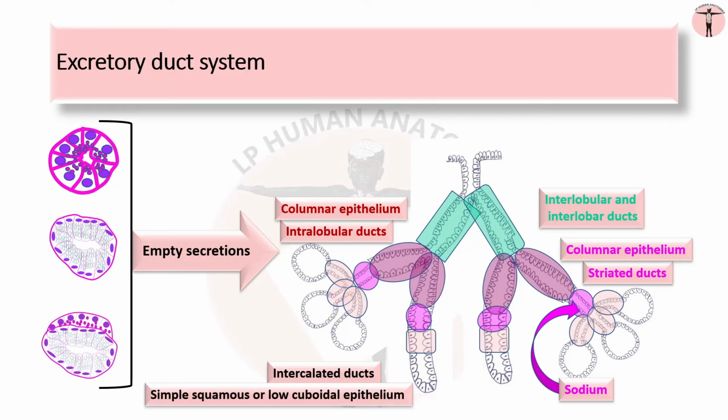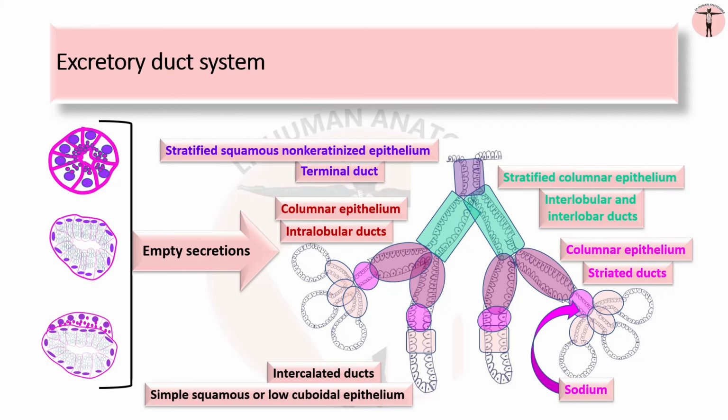These ducts at the terminal part are lined by stratified cuboidal or columnar epithelium and join to form a single large terminal excretory duct, which before emptying into the oral cavity is lined by stratified squamous non-keratinized epithelium.